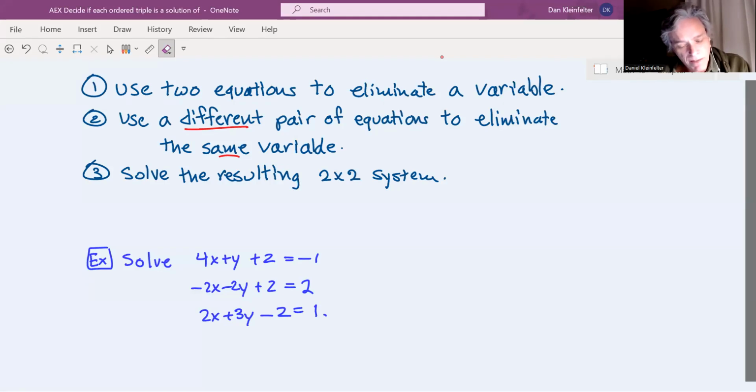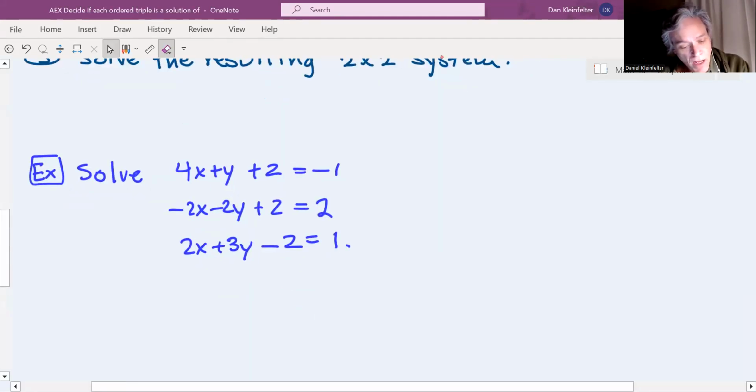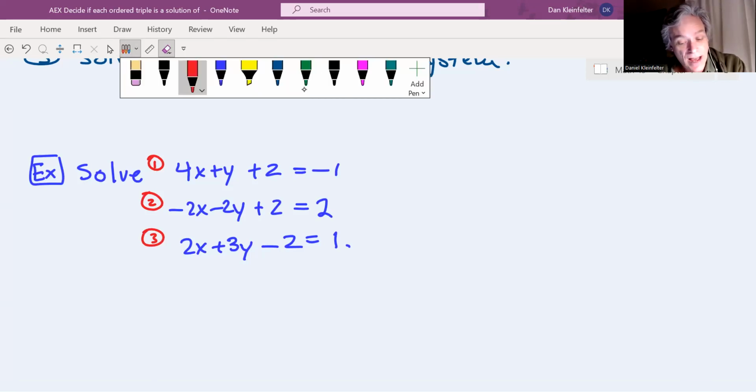All right, so the best way to see how this goes is by doing it. And so let's try. For discussion purposes, I'm going to go ahead and number the equations that we're working with. That way I can refer to them. This also helps me if I get stuck and have to go back and figure out what it was that I did. Okay, so taking a look, we do get ultimate choice in the very beginning.